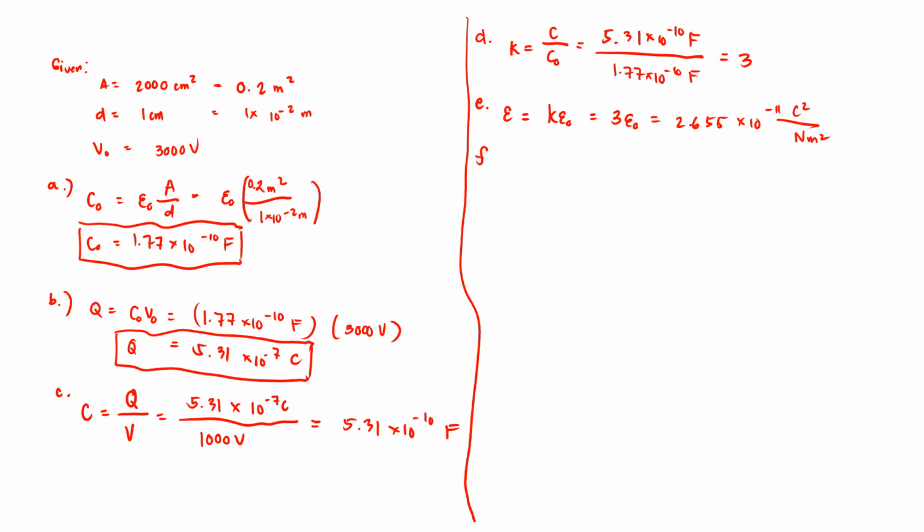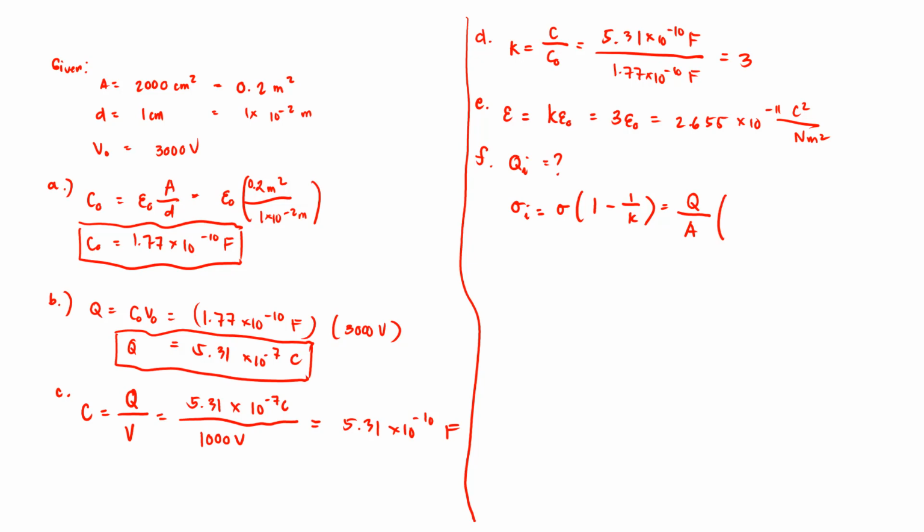And then for letter F, we need to find the induced charge, Q sub I. Now the first thing that we should do is to find sigma sub I. The induced surface charge density is equal to sigma multiplied by 1 minus 1 over K. Your sigma can be obtained by dividing Q by the area.